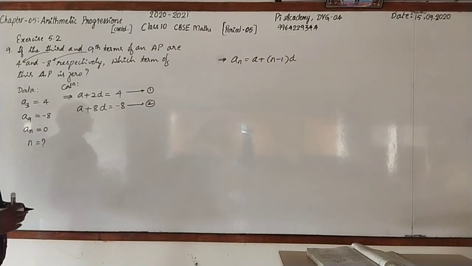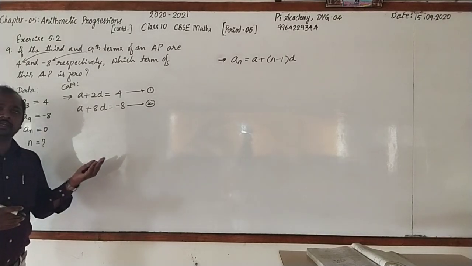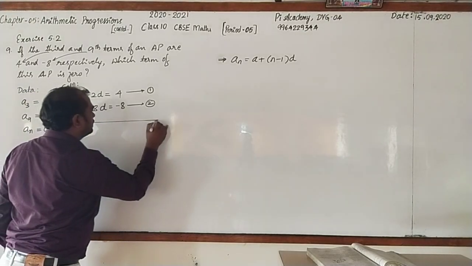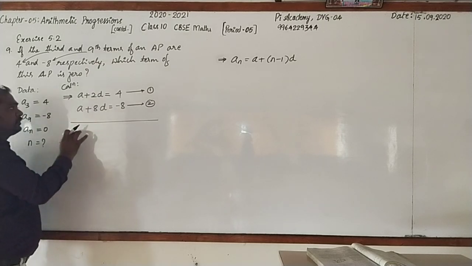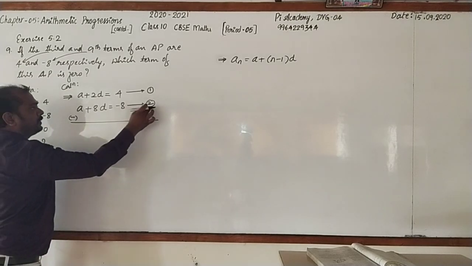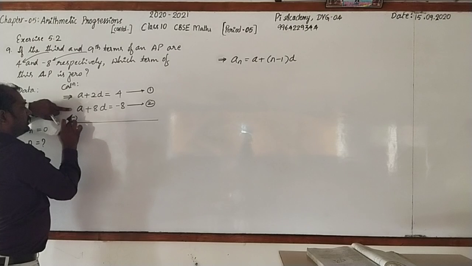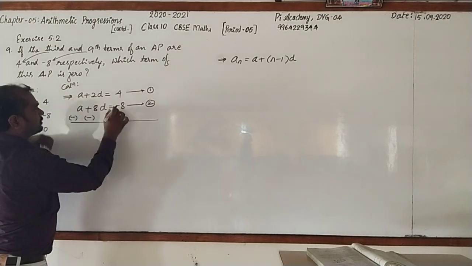So, these two equations look like a pair of linear equations in two variables. Using the elimination method, go for finding a and d. Here the coefficient of a is the same in both the equations. That's why I just go for subtracting equation 2 from 1. Then let us change the sign. Here plus is there, so this becomes minus. Here plus, so this becomes minus.